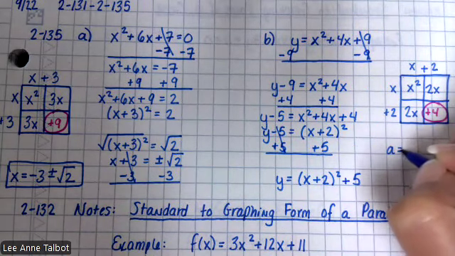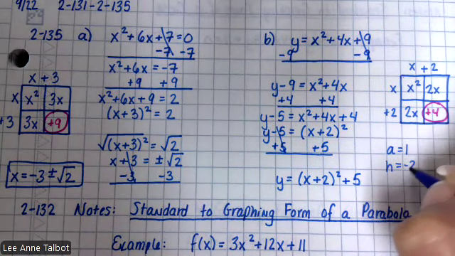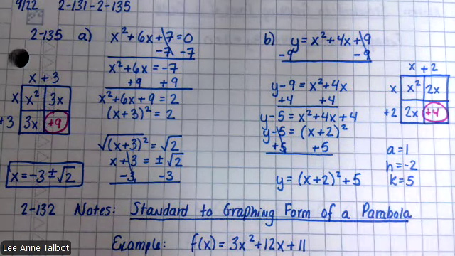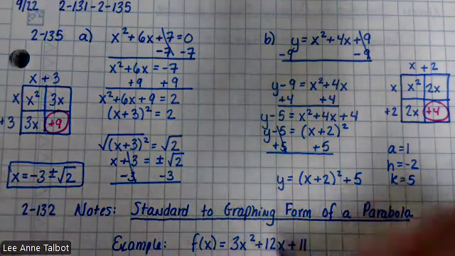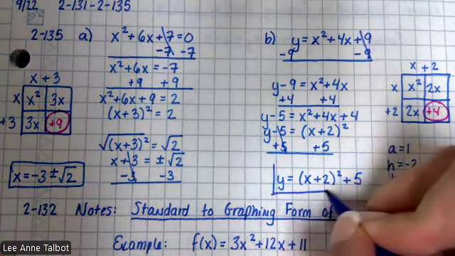Yeah, so a is 1, h is -2, k is 5. Now you can do the vertex and describe the transformations. So the goal is different. You're not solving for the variable, you're rewriting it to vertex form.